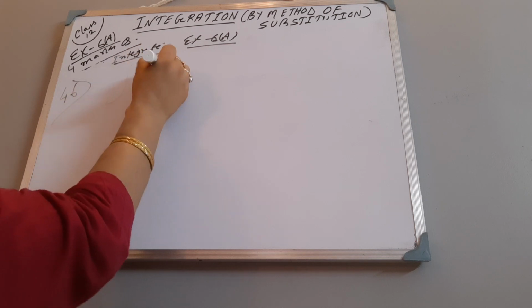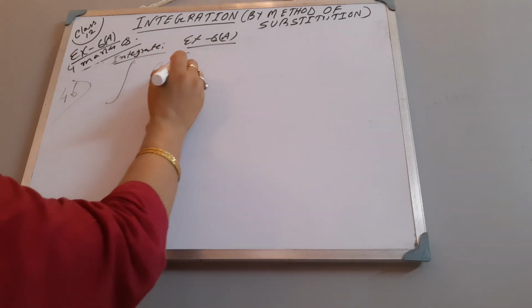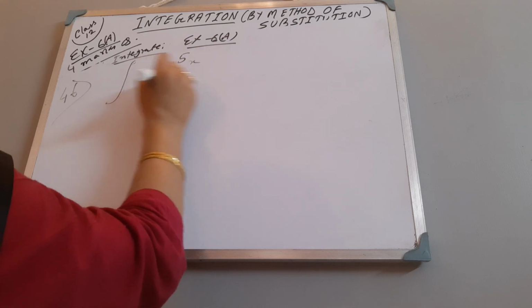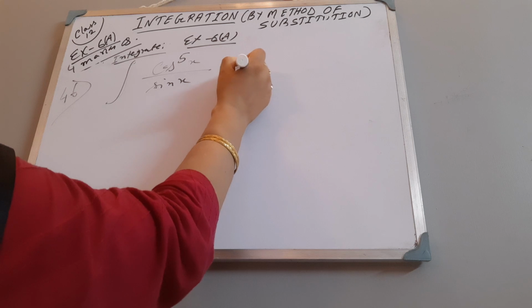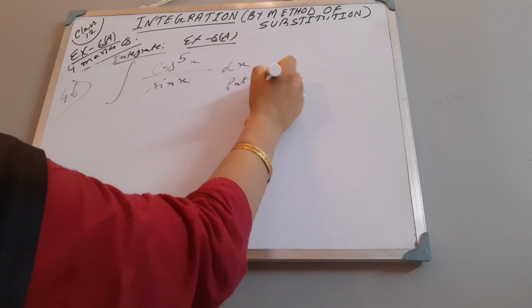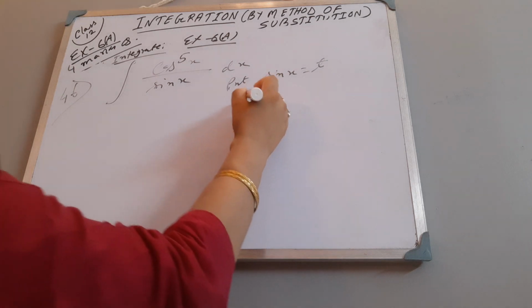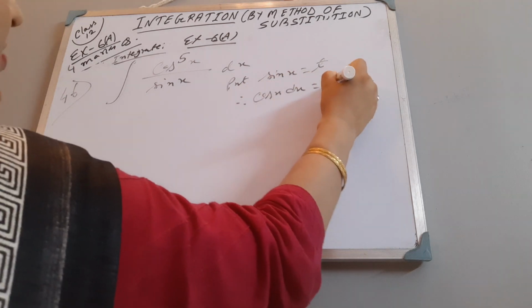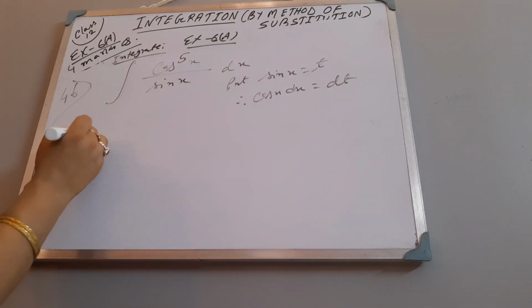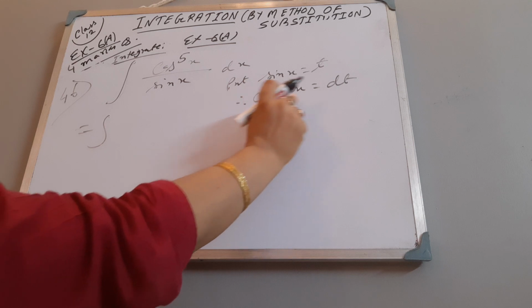46. Integral cos to the power 5x by sin x dx. Put sin x equal to t, therefore cos x dx equals dt. Since it is cos to the power 5, we need cos x dx.